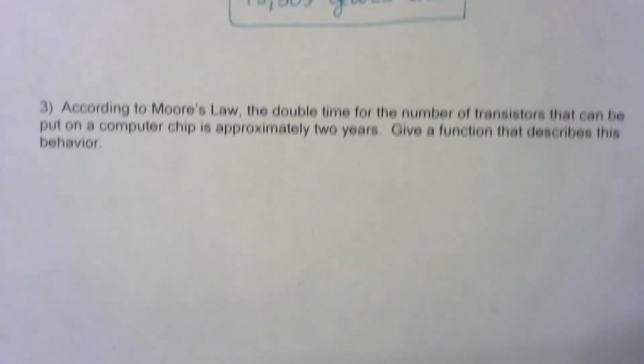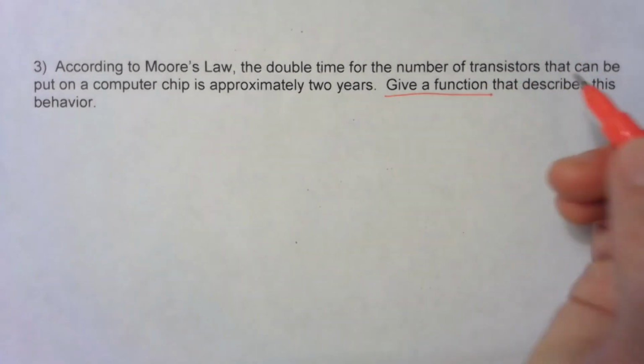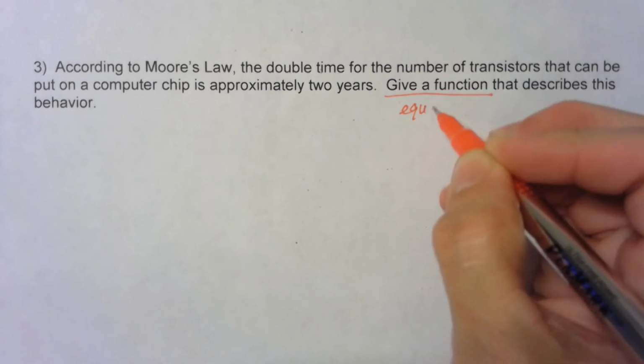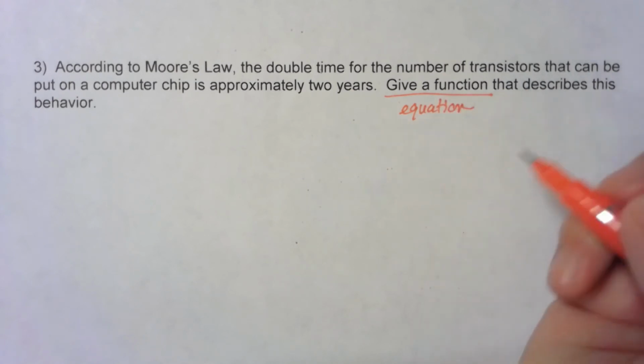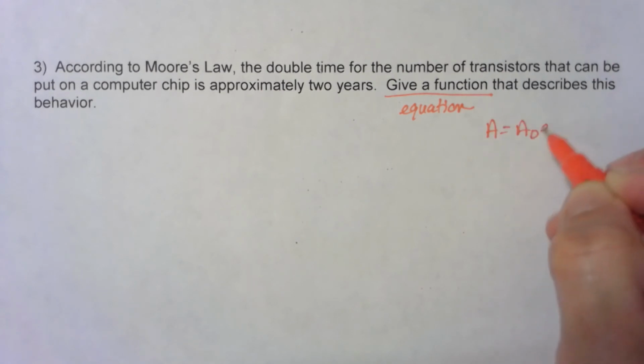All right, last one. According to Moore's law, the double time for the number of transistors that can be put on a computer chip is approximately 2 years. Give a function that describes this behavior. So again, it says give a function. That just means write an equation. Our basic equation is a equals a sub 0 e to the rt.